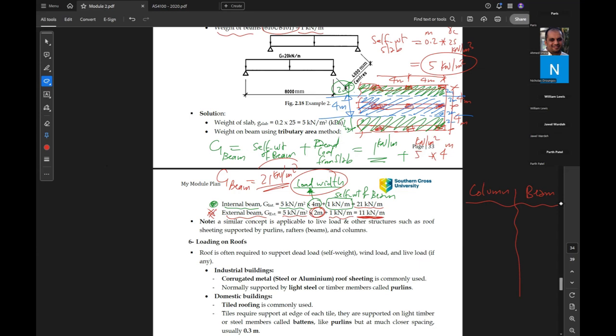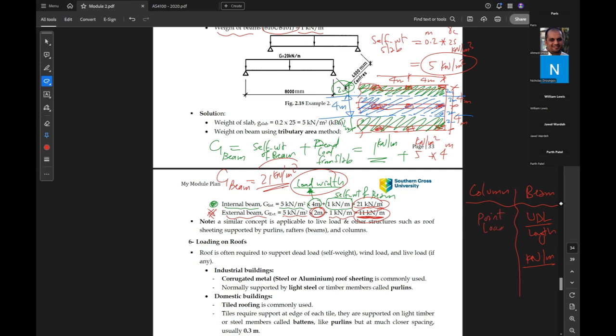The beam load is a UDL over a length or line, right? So what is the final load unit? Because the unit is important. Kilonewton per meter, right? For the column, is it a UDL or a point load?